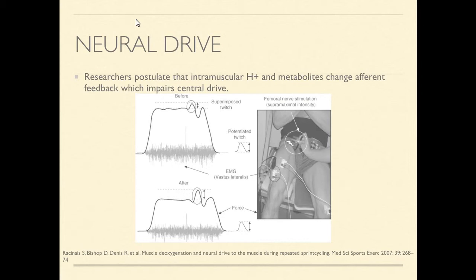The difference between the superimposed twitch and force output without it is how much central drive you're missing. If you notice before sprinting, it's a small difference, meaning that you're recruiting most of your motor units. But if you look at after sprinting, it's a much larger difference. What that means basically is that your central drive is going down.